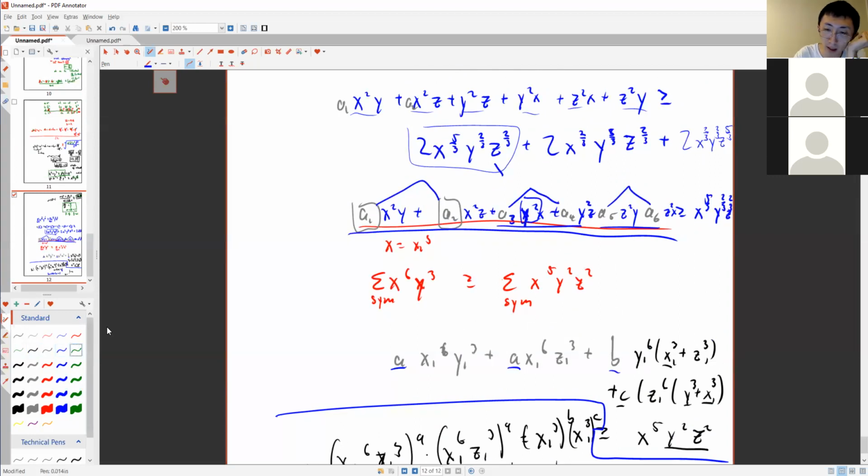So these two coefficients should be the same because swapping the y with the z should give the same weight, since the weights of 2/3 and 2/3 are the same. And then these two have the same weight because that's what happens when you swap the y with the z. Yeah, thanks for the good question. And feel free to point out if I make mistakes, because that's very possible.